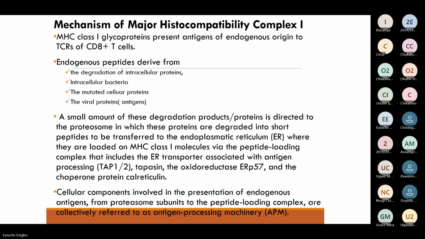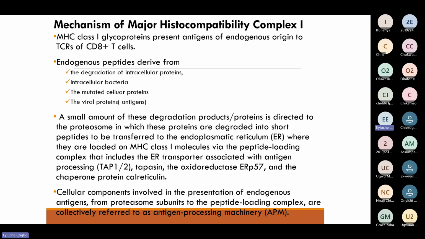So the mechanism for the major histocompatibility complex 1, the mechanism whereby it processes pathogens and viral infection for presentation, just like we said, is through the endogenous pathway.